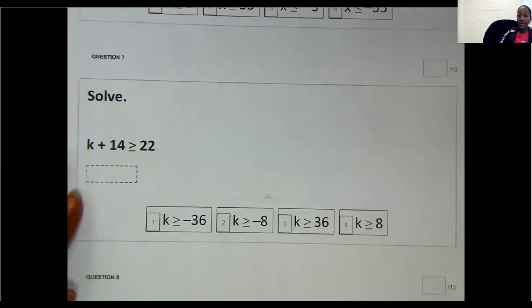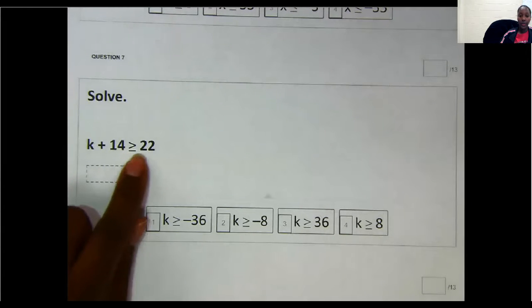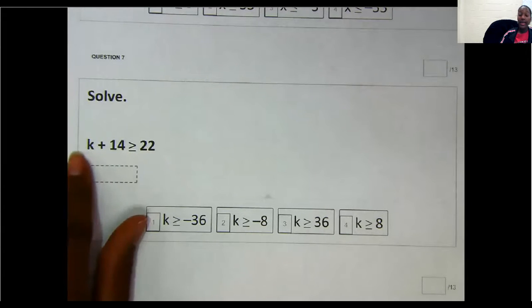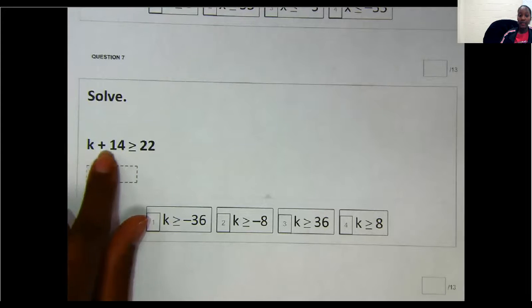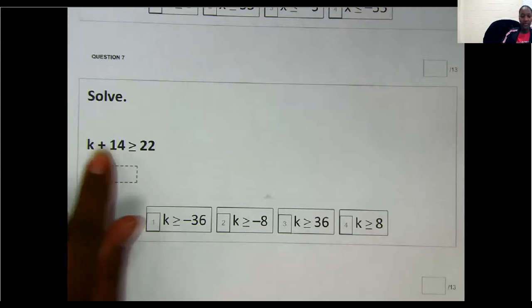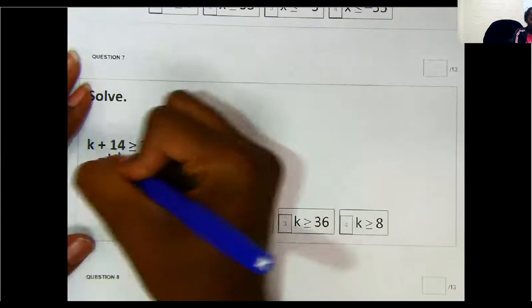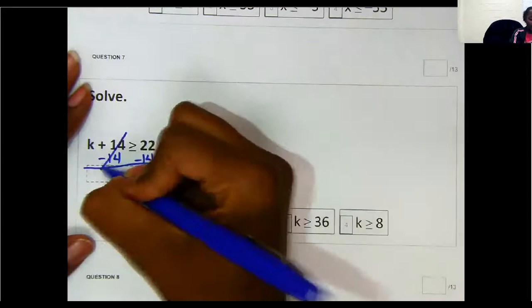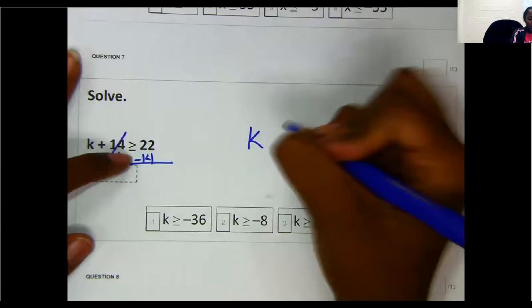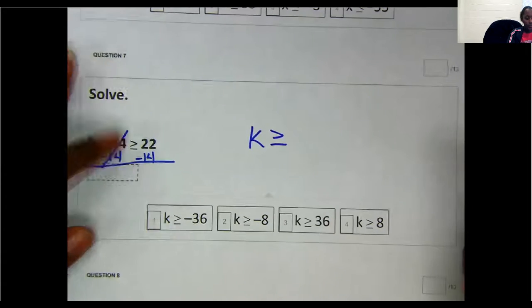K plus 14 is greater than or equal to 22. I want the K by itself. So I need to do the opposite of a positive, which is a negative. So I'm going to subtract 14 from both sides. It cancels and leaves me with K. And then I have my inequality symbol.